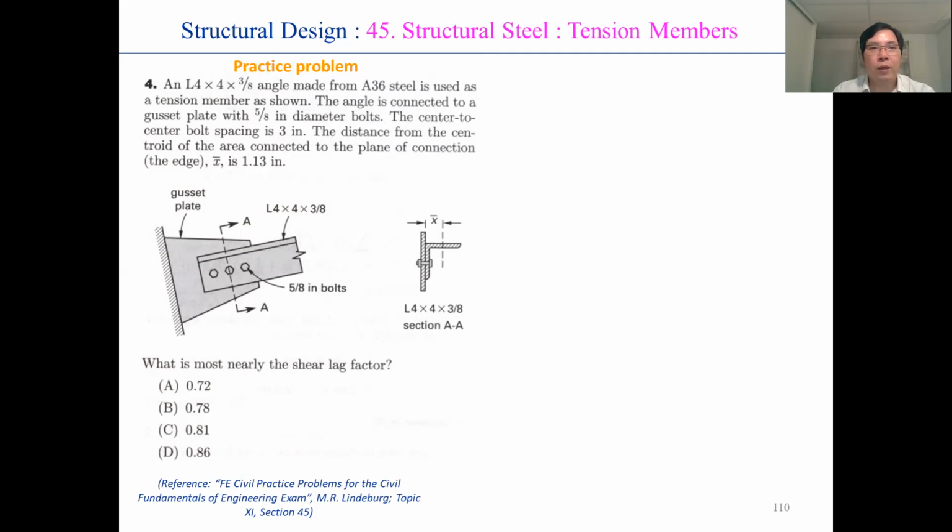The center to center bolt spacing is 3 inches. The distance from the centroid of the area connected to the plane of connection, x bar, is 1.13 inch. The question is, what is the most nearly the shear lag factor?